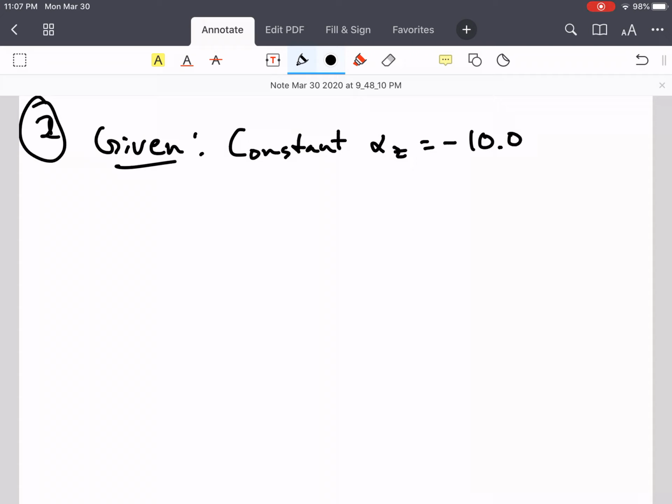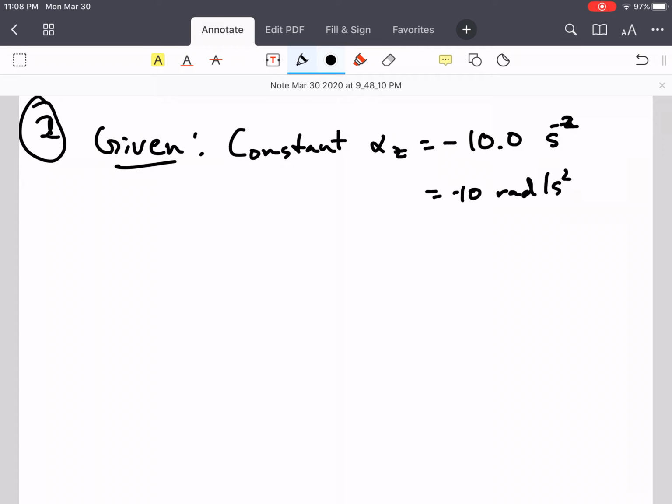Notice that radians are unitless, so I could also just write this as negative 10 seconds to the minus 2, and just per second squared, they're the same thing. I'll do that a lot, but it doesn't really matter.